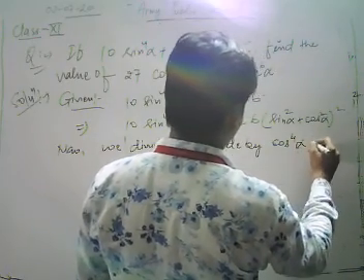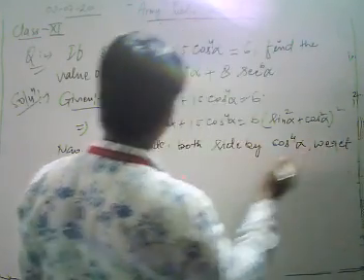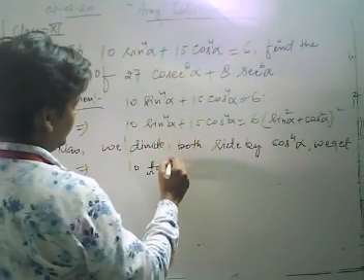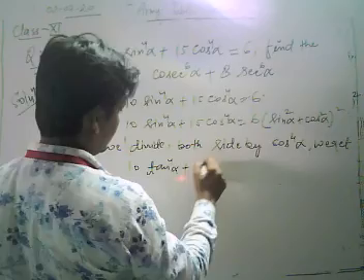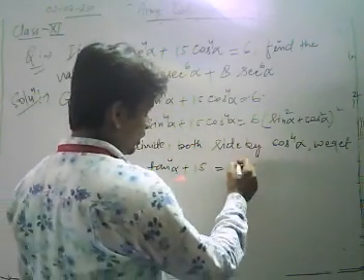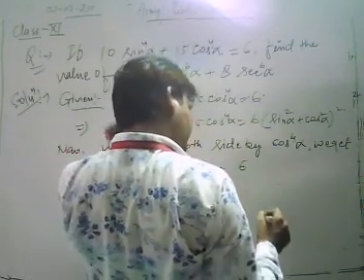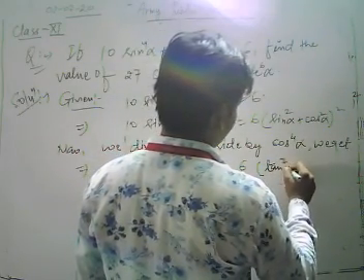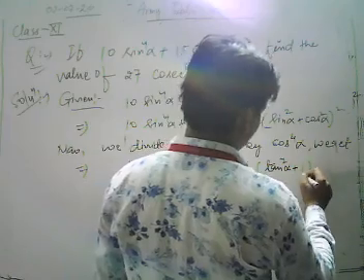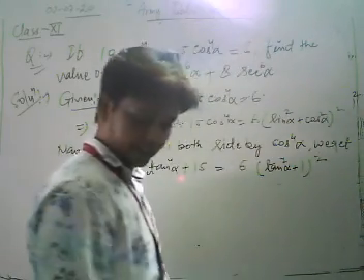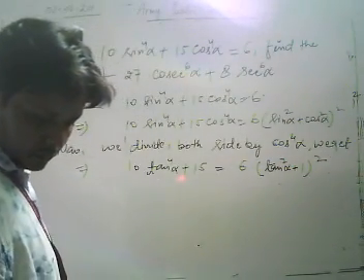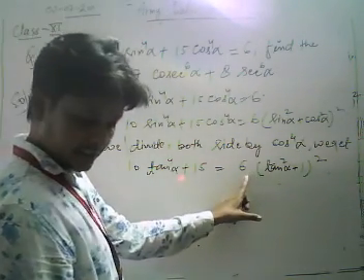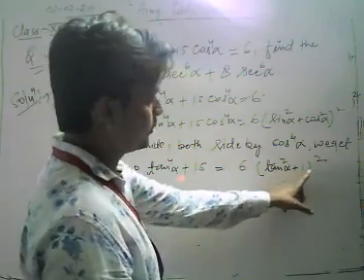We get, let's see, here 10 tan to the power 4 alpha plus 15 is equal to here 6 into (tan square alpha plus 1) whole square.